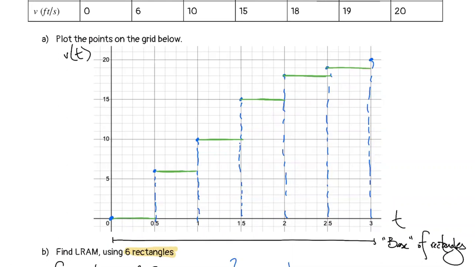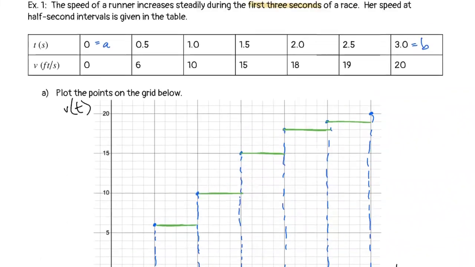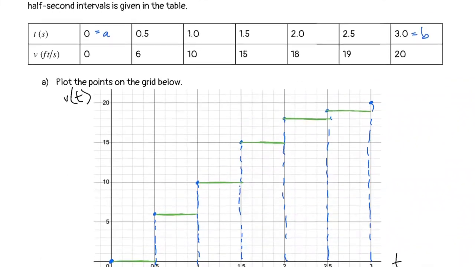Let's think about what values we just listed off: 0, 6, 10, 15, 18, 19. Let's look at that table again while I say those numbers. The values that we're going to use are 0, 6, 10, 15, 18, and 19. How could I have found those values from the table without drawing a graph? Because I know some of you don't like to draw pictures.